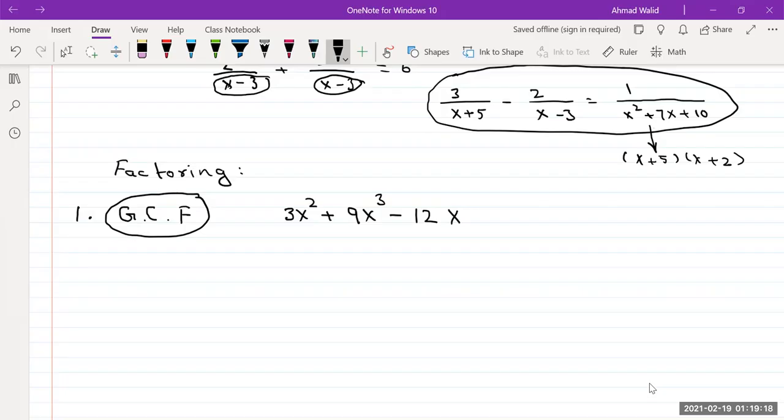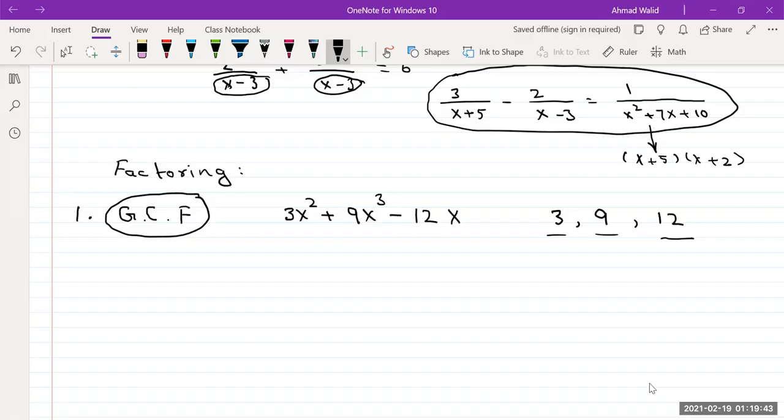See if something is common between the terms. We call that one GCF. From school, you know the GCF between 3, 9, and 12 is the largest number that all these three can be divided by.